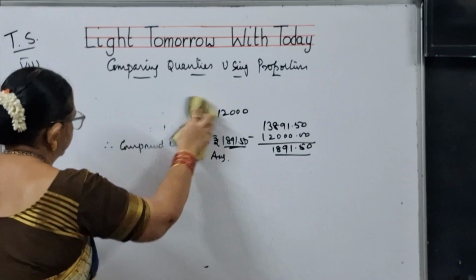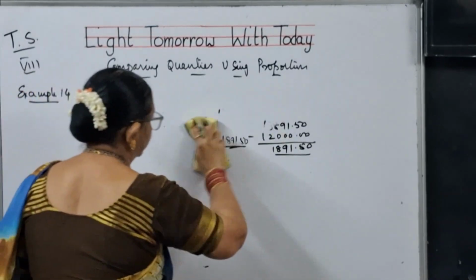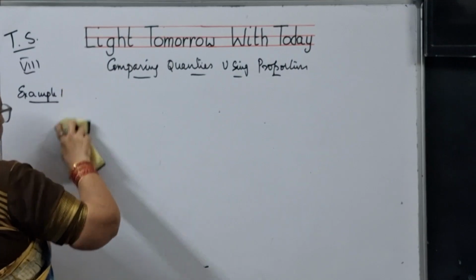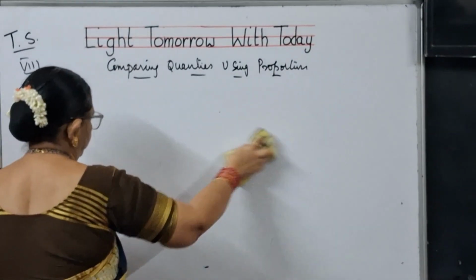Now we will see the next one, that is the 15th sum, example 15.